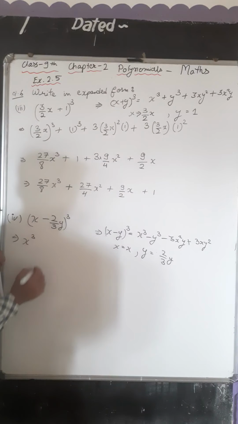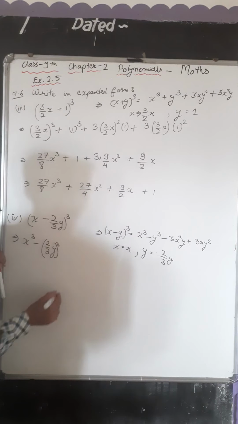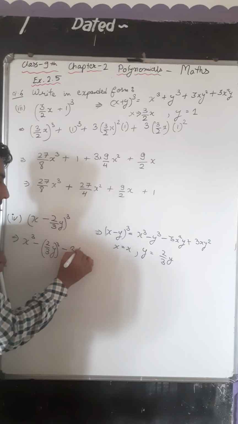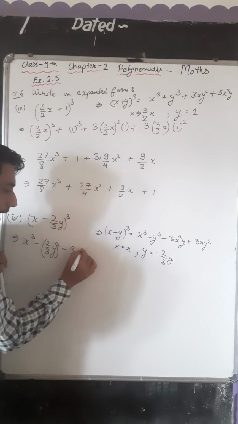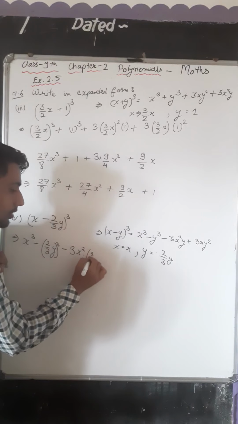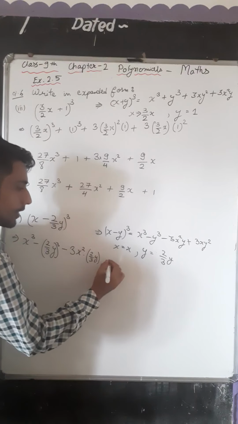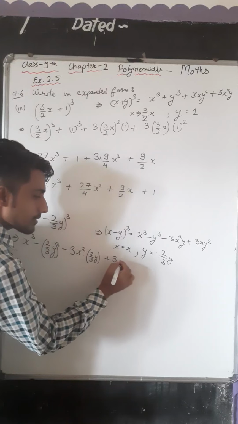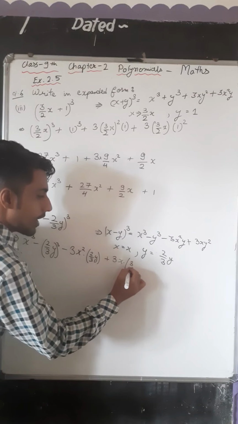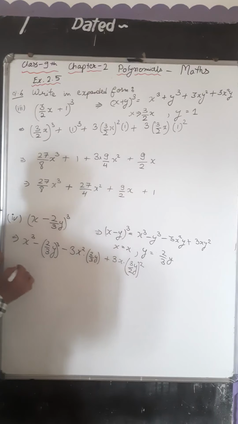This will be x cube minus (2 by 3 y) whole cube, then minus x square into 2 by 3 y, then plus x into 3 by 2 y square.